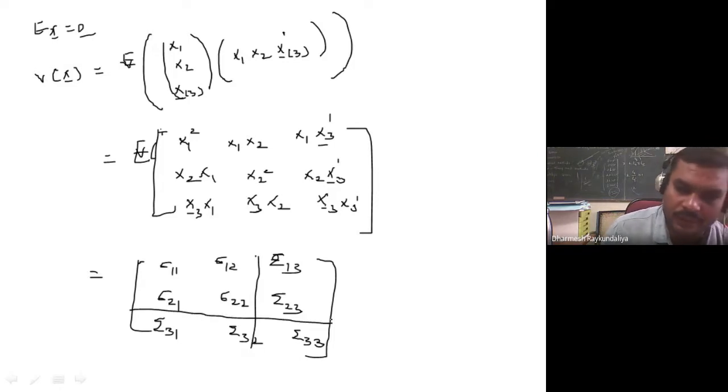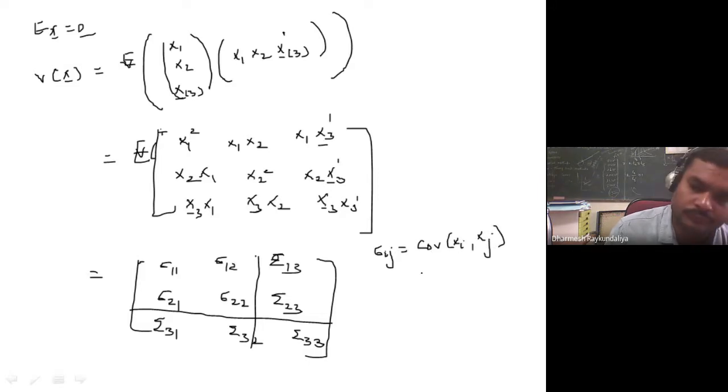Okay, so we will see that. Here I am saying that sigma ij is nothing but the covariance between xi and xj, for i, j equal to 1, 2. So if you are finding i equal to 1, j equal to 1, that is the covariance between x1 and x1, it is called the variance of x1, or it is also known as expectation of x1 square.